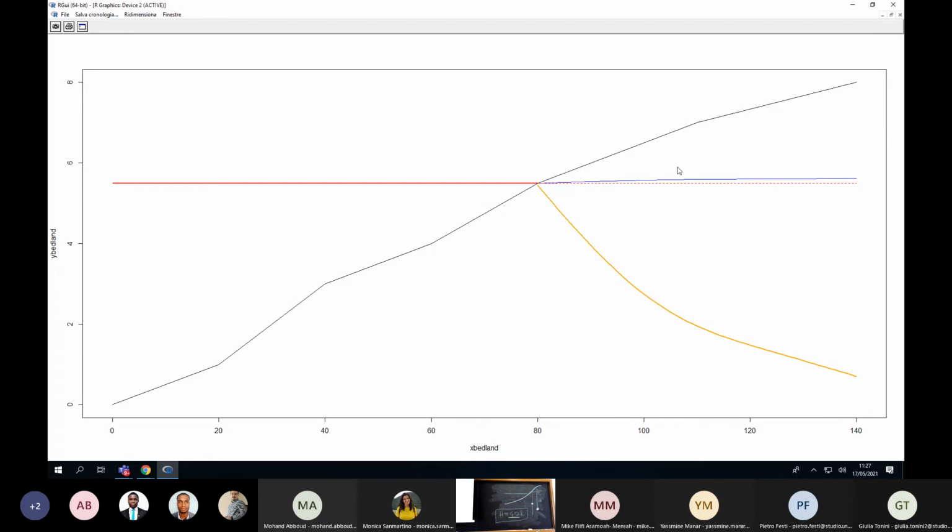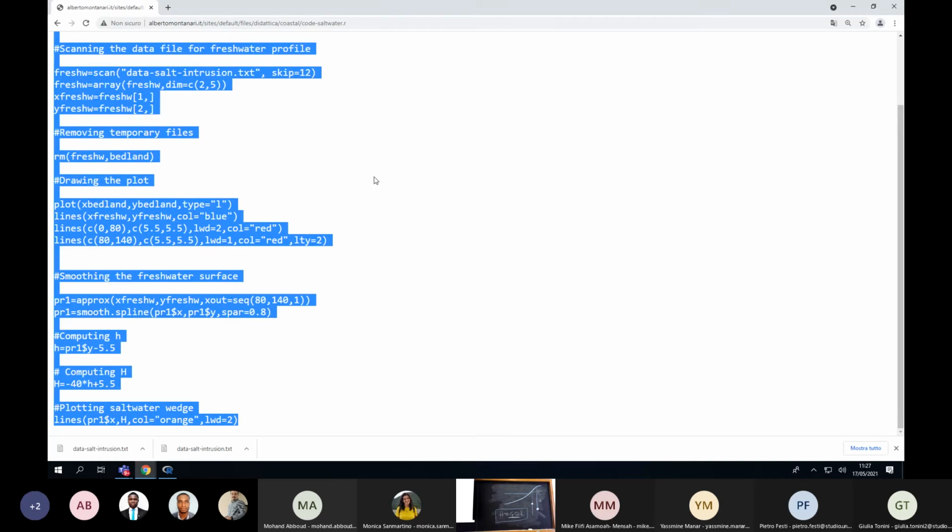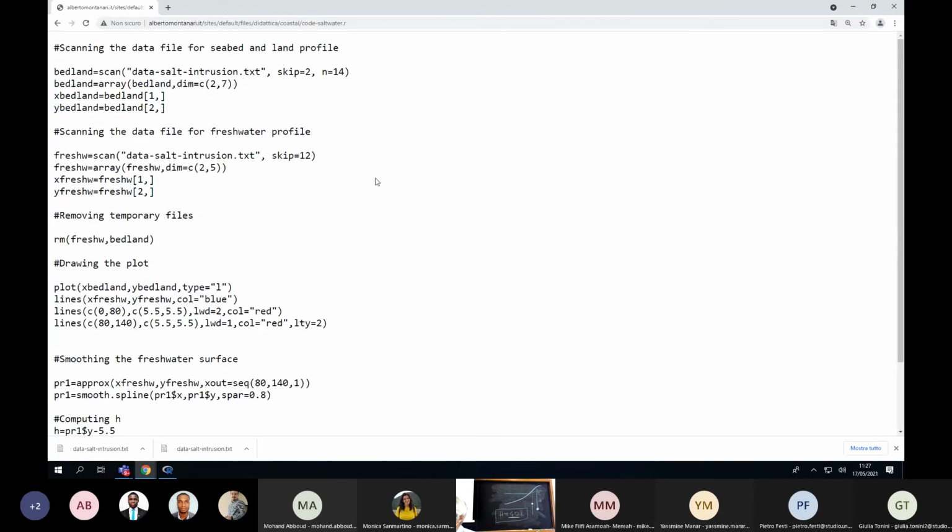Now, what I would like to do is go with you through the code and try to understand what's going on. First of all, there are 2 instructions that upload the data into R. This is the first one.